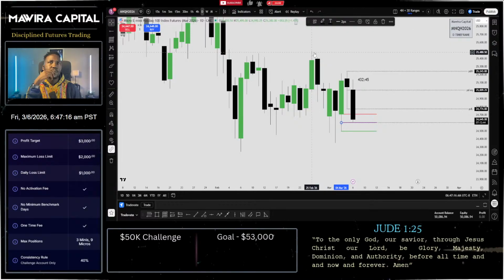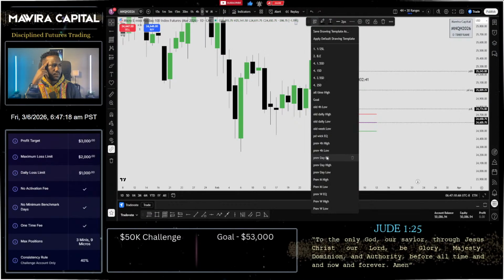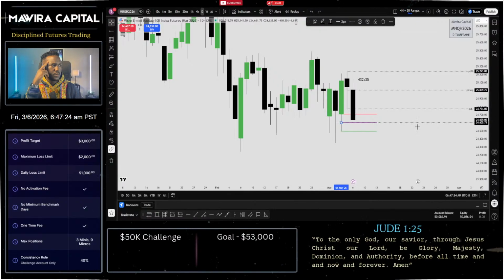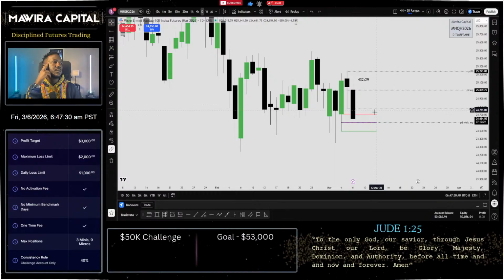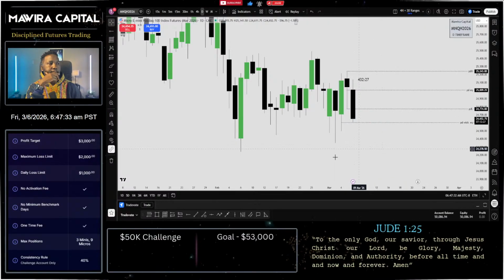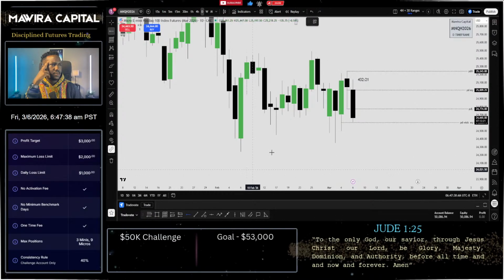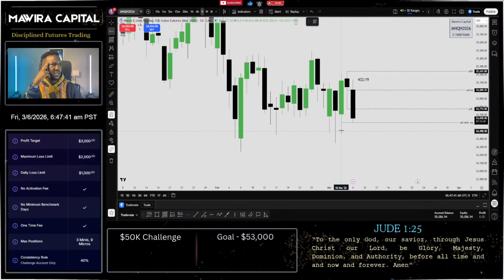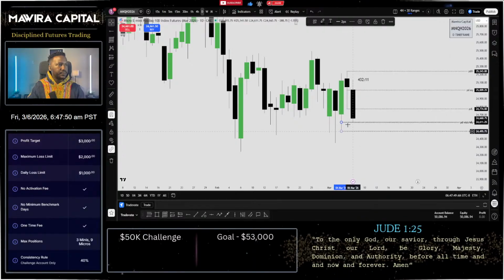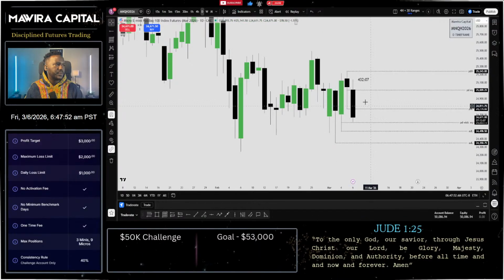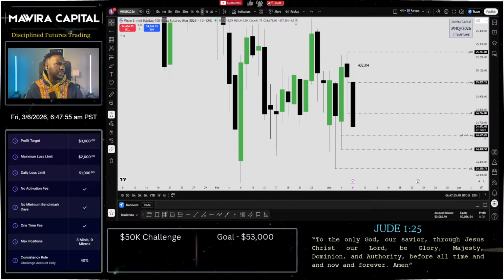Previous day. Oh, there you go. And then in case we still keep going down, we do have this level here, which is some good liquidity, all daily low, and there's two of them. Okay, so those are levels to watch out for.